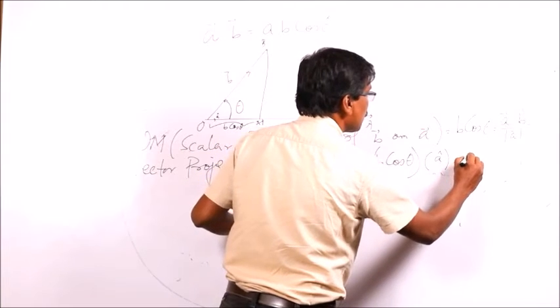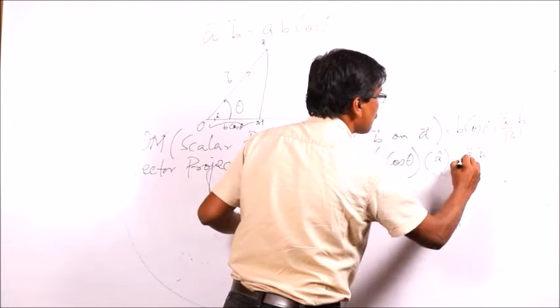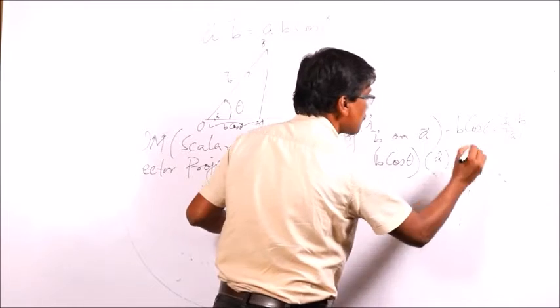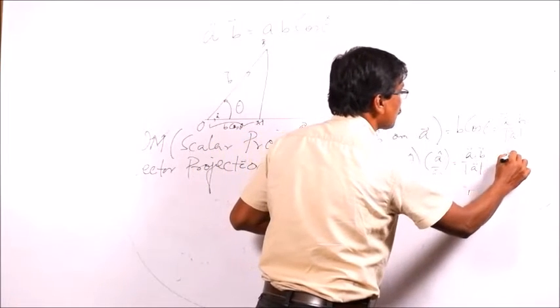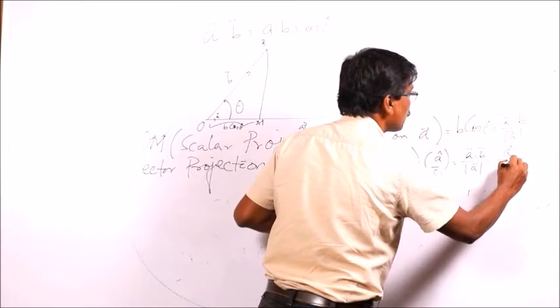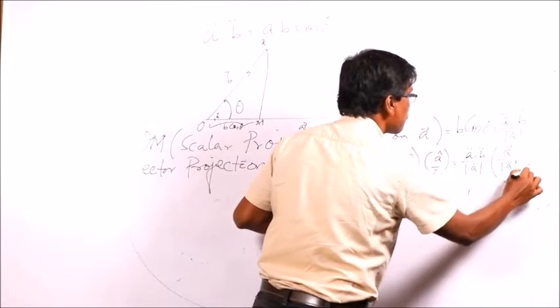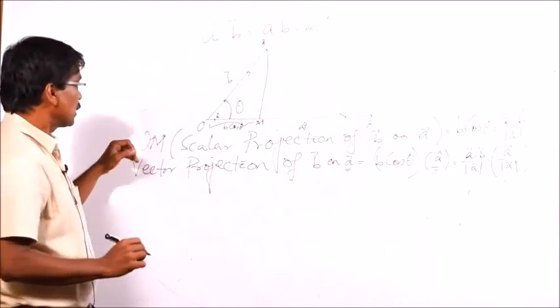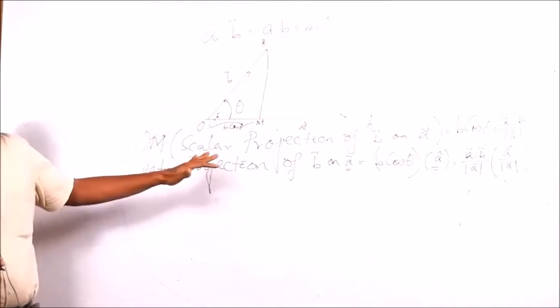Which is equal to A dot B divided by magnitude of A into A cap, and A cap is nothing but A vector by magnitude of A. So, this is all about scalar projection and vector projection.